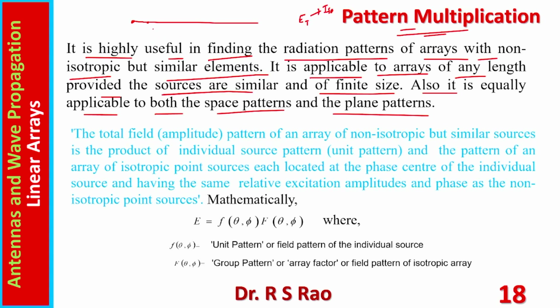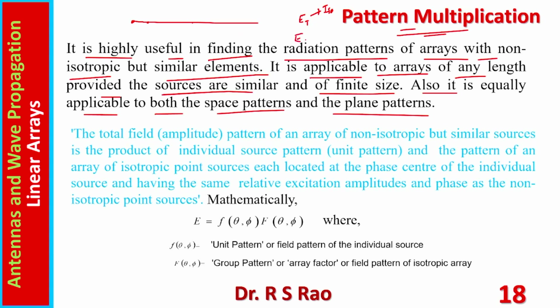This array consists of several elements and they are identical. And let us also suppose that they are directional. They are not isotropic. Elements are identical but not isotropic. Let us suppose we want its radiation pattern ET.